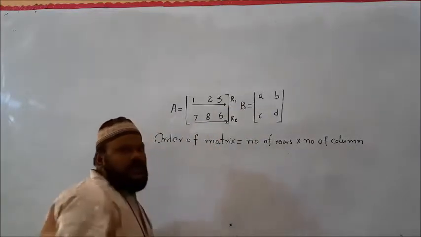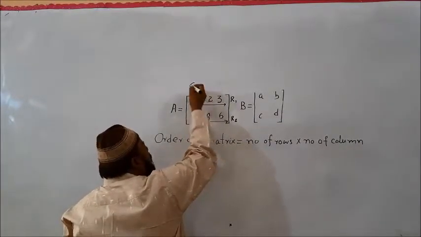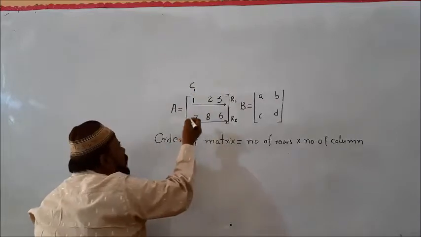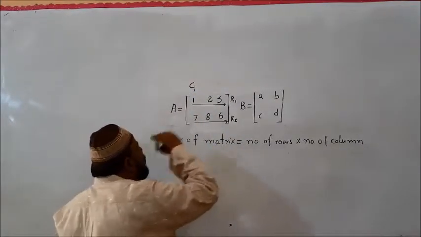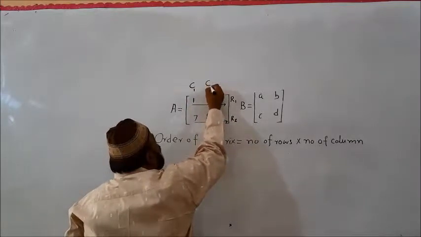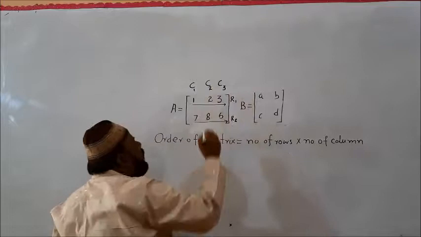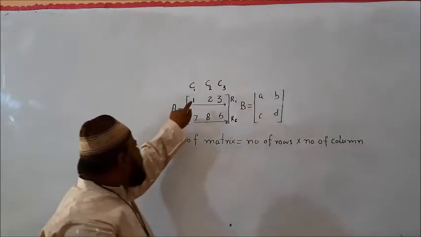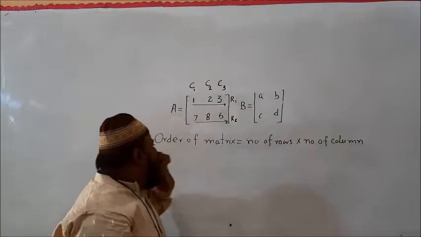Row number 1 and row number 2, and column 1, with elements 1 and 7 in column 1, column 2 and column 3. How many columns in this matrix? 3 columns. 1, 2, 3.